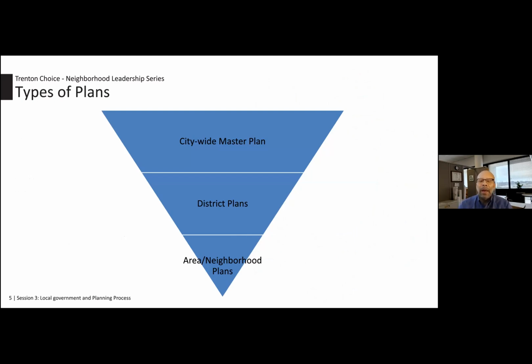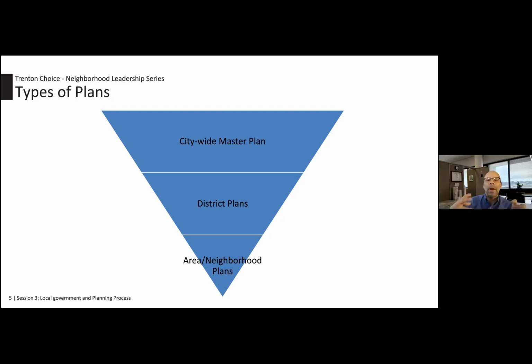The citywide master plan is this big 30,000-foot perspective of the city and really tries to provide guidance around a vision and provides recommendations around policies and programs all through the different lenses of housing, economic development, transportation. That's what the big picture citywide master plan provides. Then there are district plans, a hybrid between our area and neighborhood plans and the master plan.